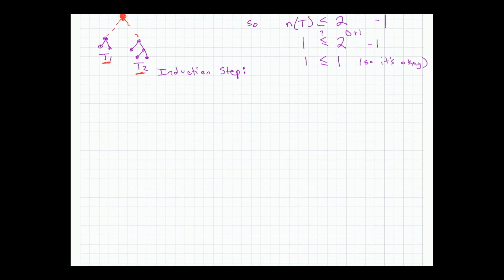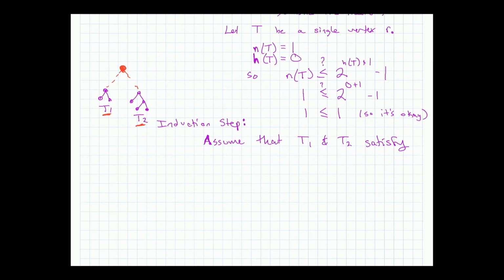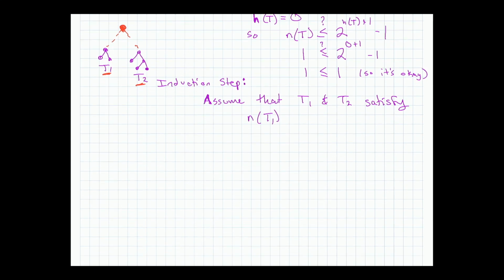So you assume, for your induction step, that T1 and T2 satisfy the property. What's the property? Well, it's the one that we underlined. So the property is that the n of T1 should be less than or equal to 2 to the height of T1 plus 1 and then minus 1, I think.